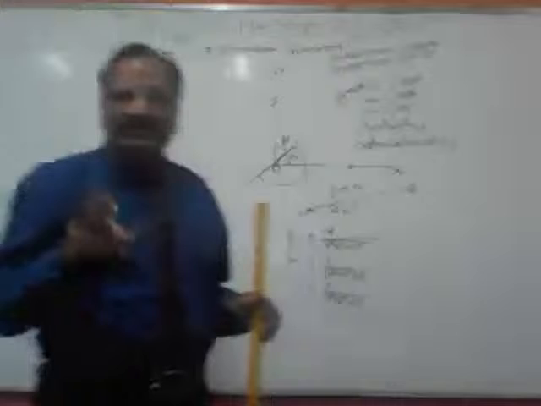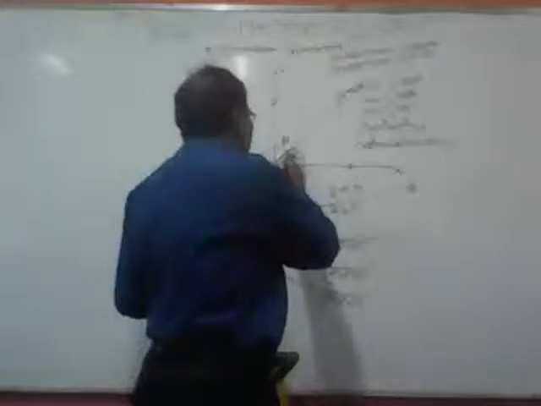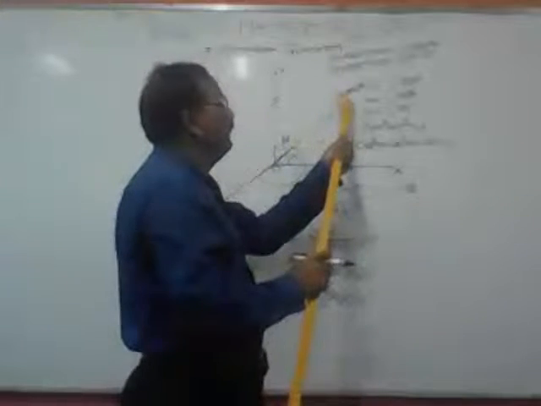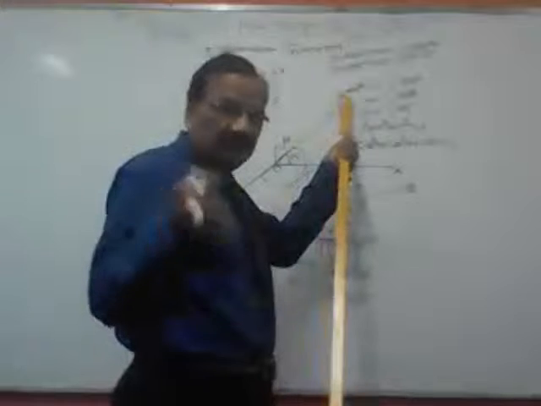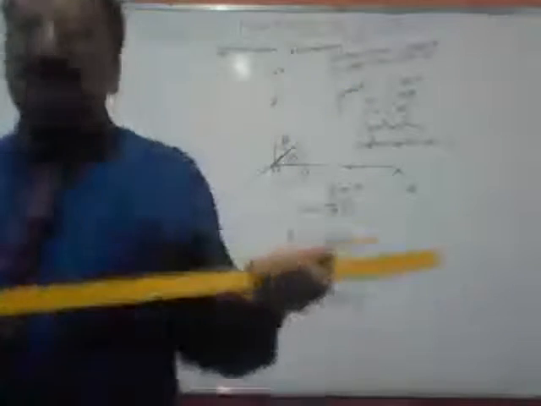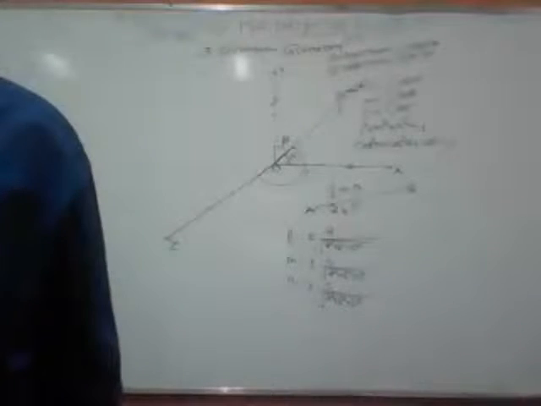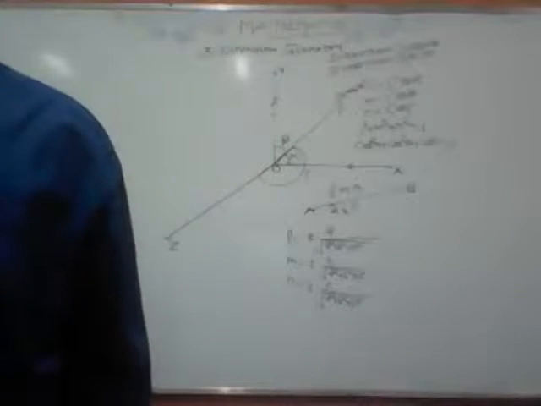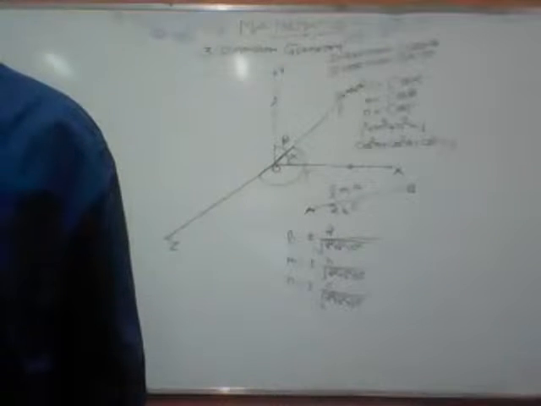So the coordinates here become LR, MR, and NR in terms of the direction cosines.